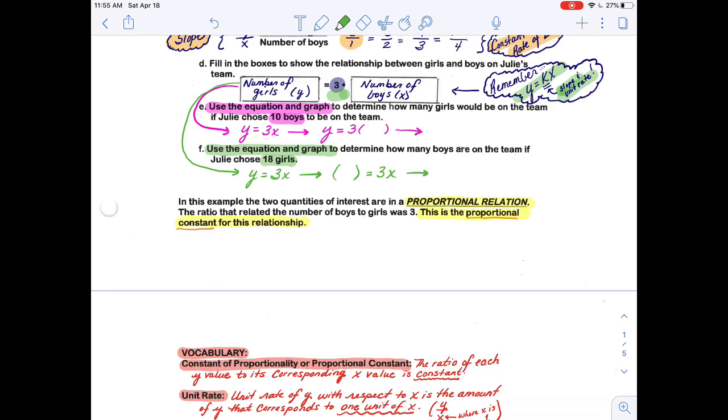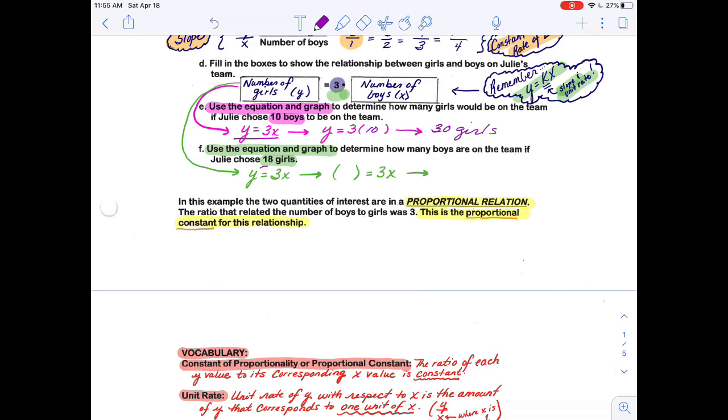So let's go ahead and use that same exact equation, they said, to find out how many girls there would be if she actually had 10 boys. Well, now that we have that formula, y equals kx, which you can see here, y equals 3x, put in that 10, and you know that would give you that answer of 30 girls.